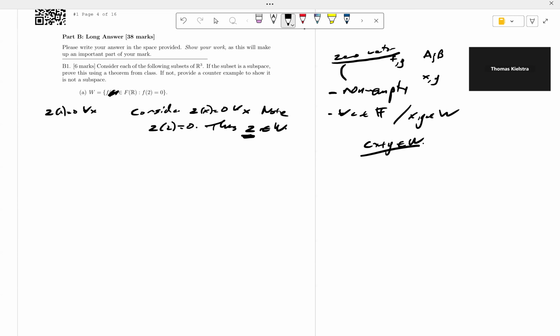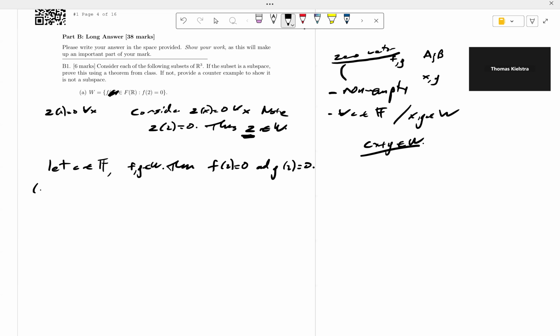Now, the next thing I want to look at is I'm going to let c be in F and f, g be in W. Then f of 2 equals 0 and g of 2 equals 0.